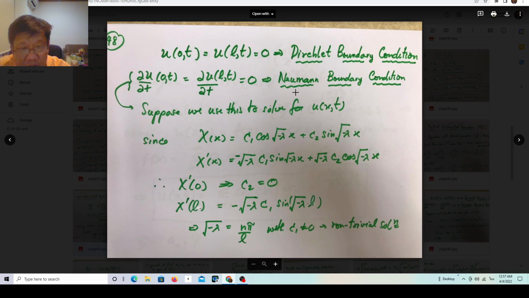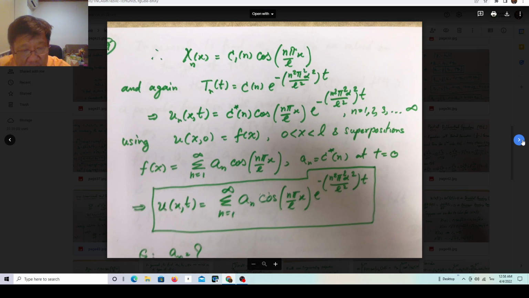And the same when you apply it to the Neumann boundary condition, you get this function with this boundary value problem of f of x equal to this form. For a given f of x, you need to find a sub n.